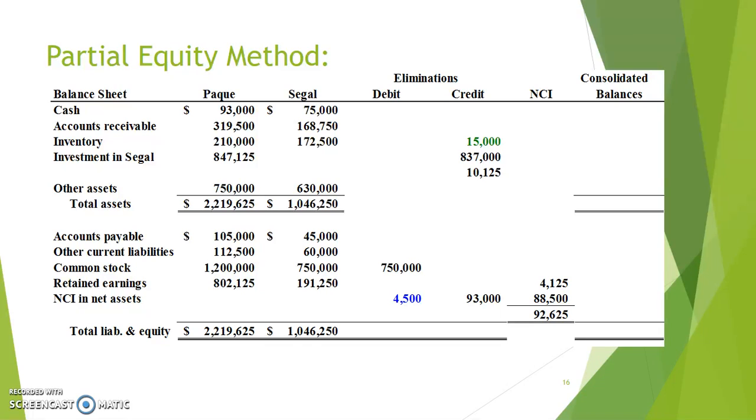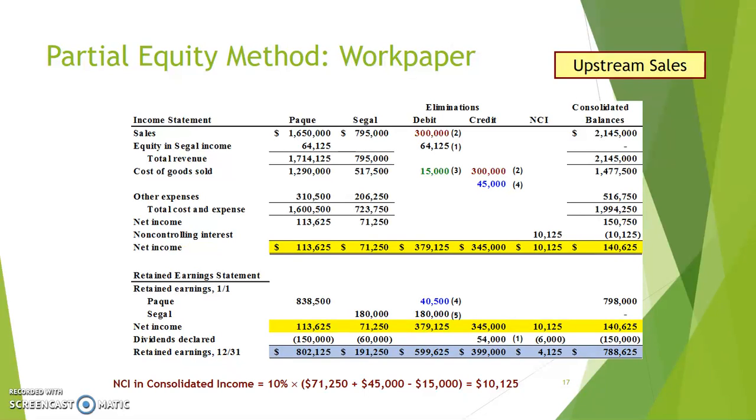So those entries will in fact would have eliminated the investment account and the corresponding equity accounts. Having completed that elimination, we go through the process of doing our consolidations.